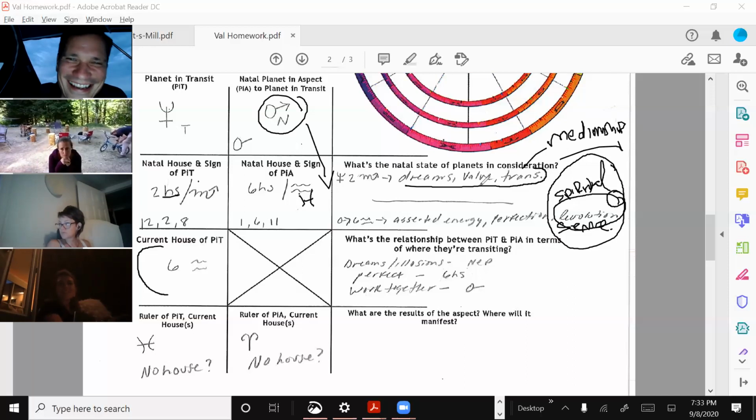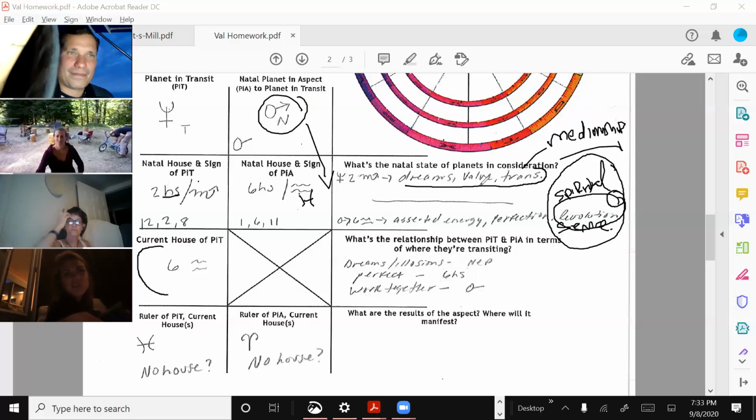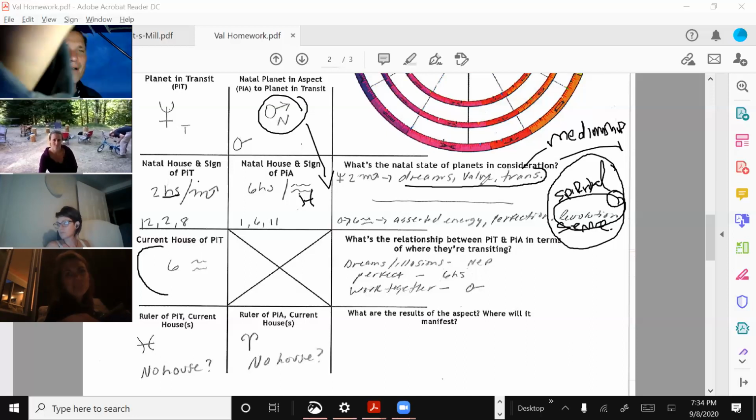Can I ask a really fundamental question? My caveat is that I wasn't here on Thursday and haven't watched the replay, but where do you get the graph that shows all the transits, and is that per individual or is that what's happening in space now? Hang on, let me put this light.